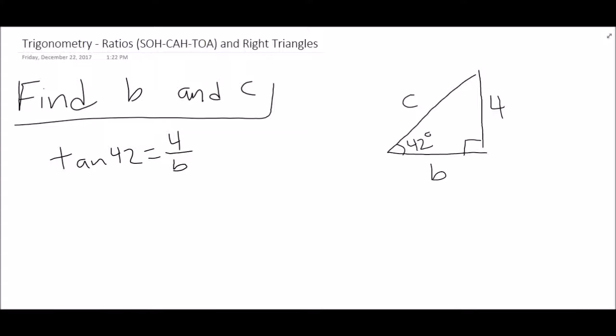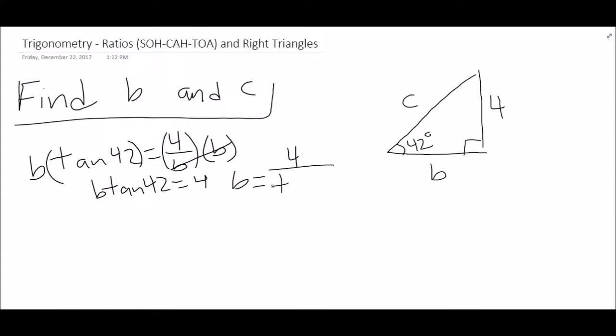Now, like the previous problems, we multiplied the number on both sides, but in this case the variable is actually in the denominator. So we're going to multiply both sides by B, and then divide both sides by tangent 42. First, multiplying both sides by B, we get B tangent 42 equals 4, and then dividing both sides by tangent 42, you get B equals 4 over tangent 42.